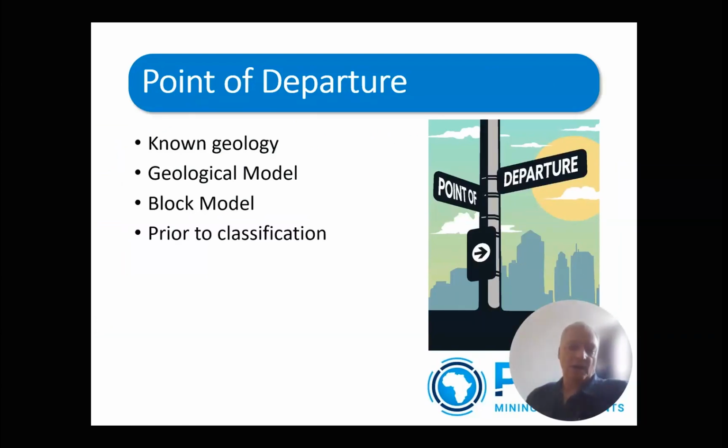It assumes that we've known geology, we've got a geological model, we've got a block model, we're probably in the process of classification, and we are trying to look at that important aspect, reasonable prospects of eventual economic extraction.